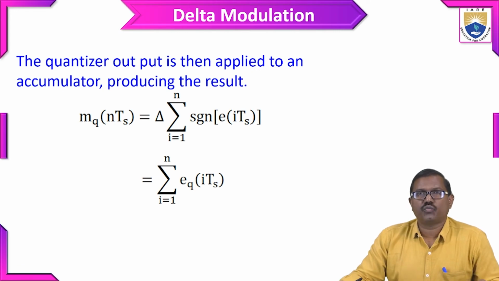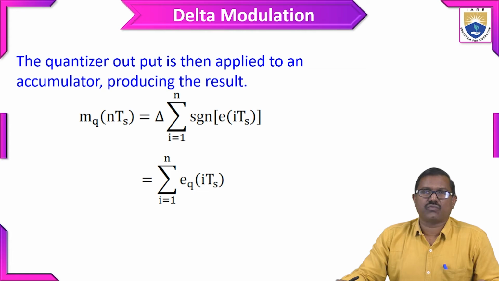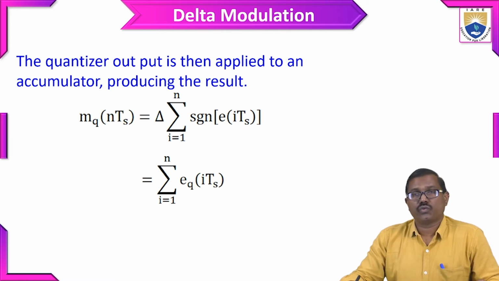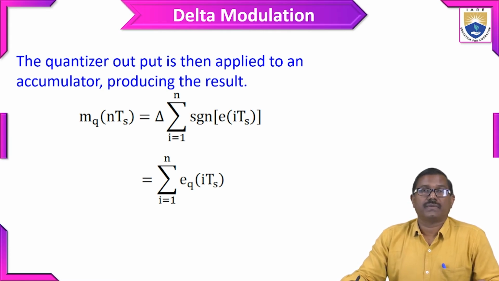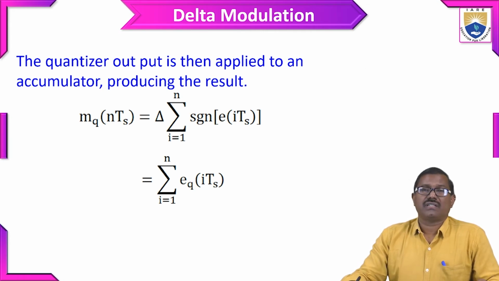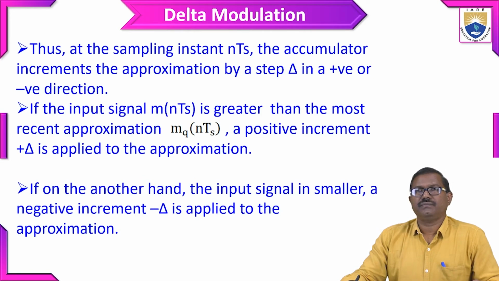So the quantizer output is then applied to an accumulator, producing the result mq(nTs), which is equal to delta times the sigma function of e(iTs), where i changes from 1 to n. So it is a finite number, whereas the continuous signal is infinite. So from infinite to finite. Here I will discuss this one.